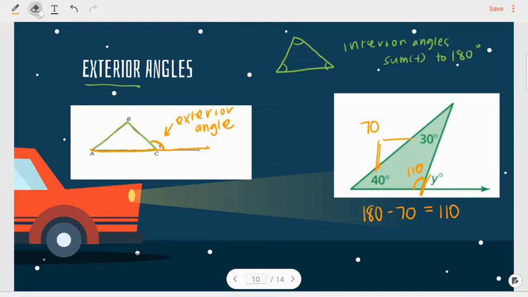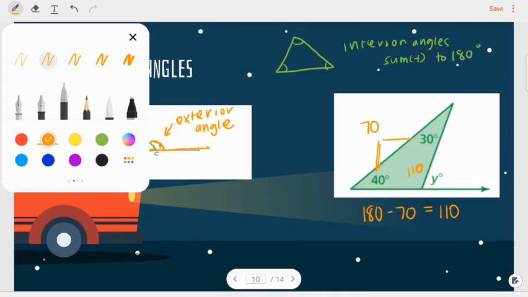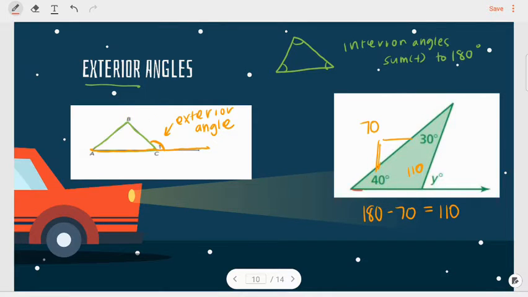Now, how do I go about finding the exterior angle, angle Y? Well, I can recall that if I have a straight line, these two angles, the 110 degrees and the Y degrees, should total 180.